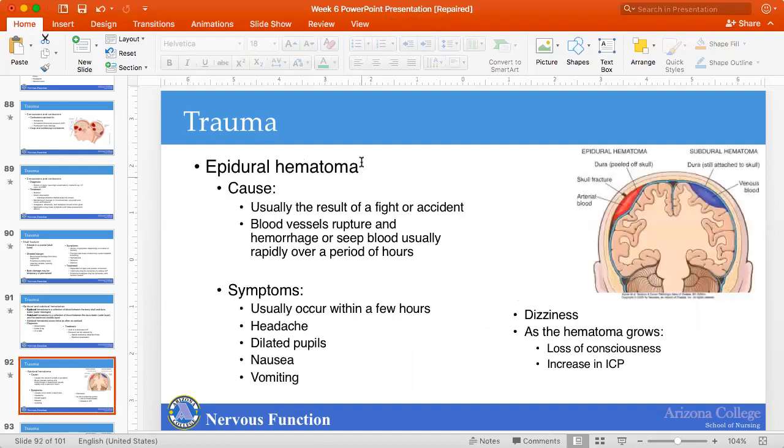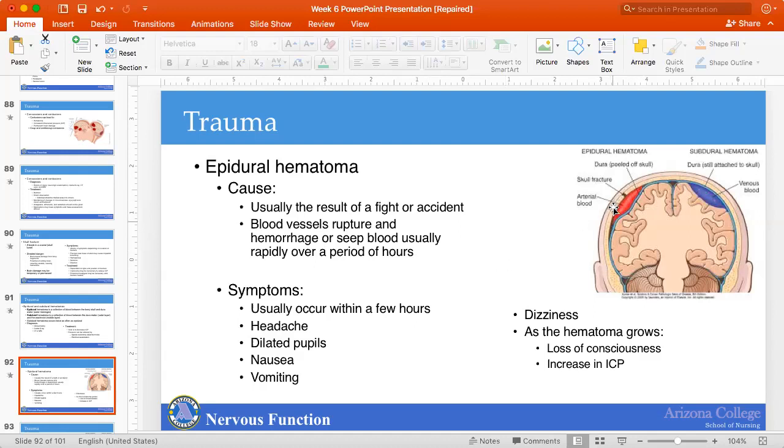Okay, this is going a little bit deeper into epidural hematoma. You see here the collection of blood is between the bony skull and the dura mater. Usually the result of a fight or accident, blood vessels rupture and hemorrhage, or seep blood, usually rapidly over a period of hours.